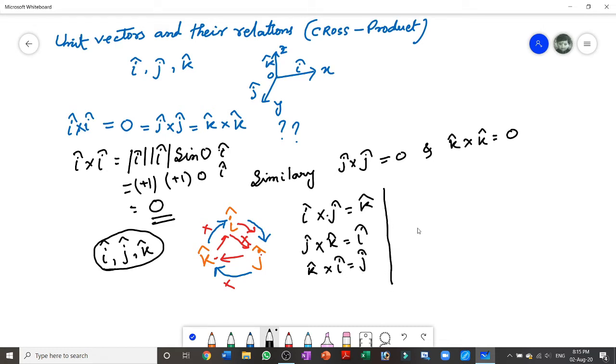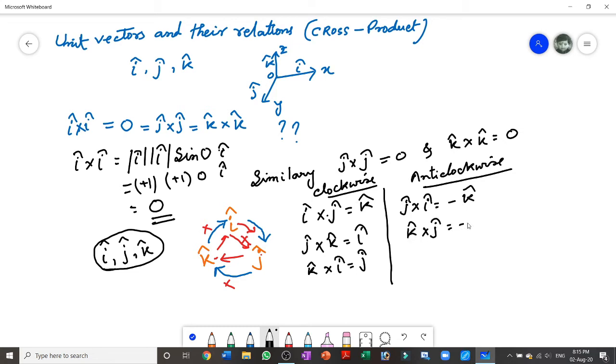If we go the other way, this is always clockwise sense. Now what happens if we go anti-clockwise? For anti-clockwise motion, we get j cap cross i cap, it will be denoted as minus k cap, k cap cross j cap will be minus i cap, and i cap cross k cap will be minus j cap.